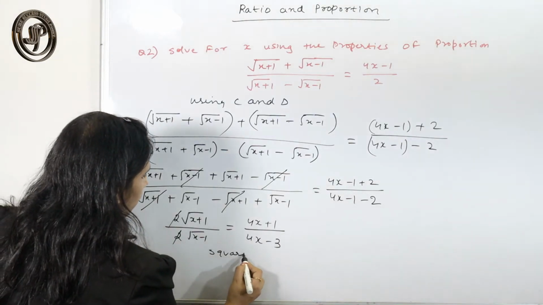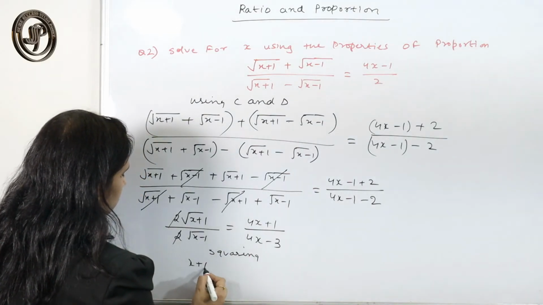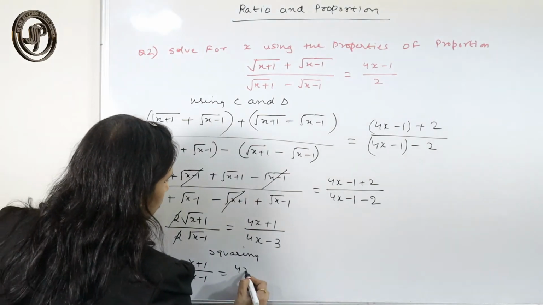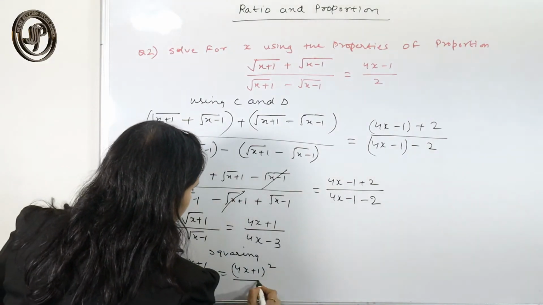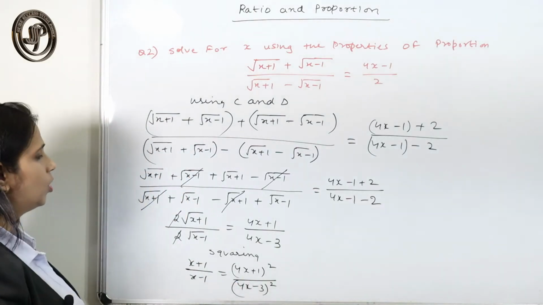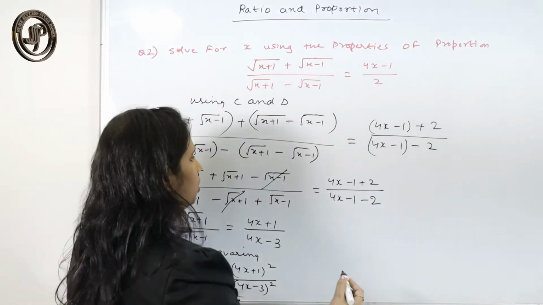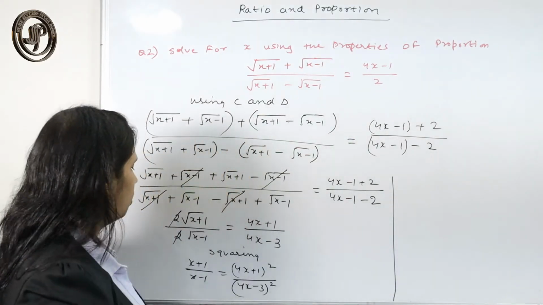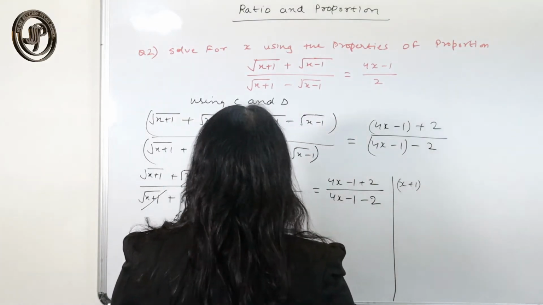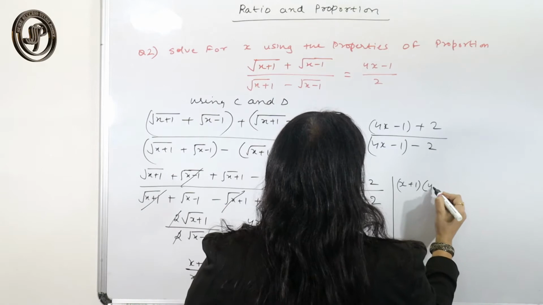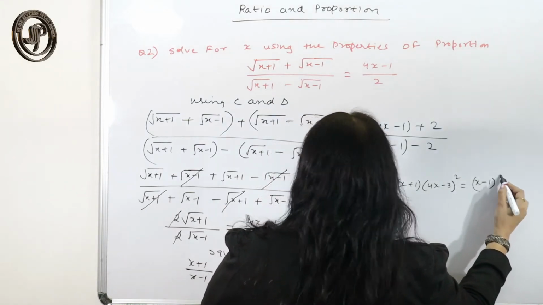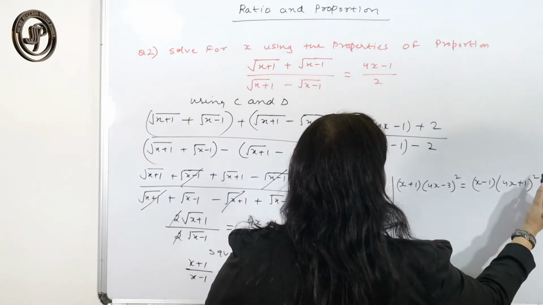Now you can do squaring on both sides. So if you do squaring on both sides, you will get x plus 1 upon x minus 1 is equal to 4x plus 1 square upon 4x minus 3 square, right? So when you do cross multiplication, x plus 1 should be multiplied with 4x minus 3 whole square, and here x minus 1 with 4x plus 1 whole square.